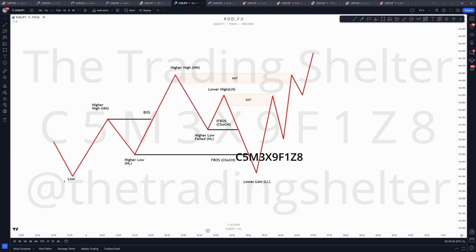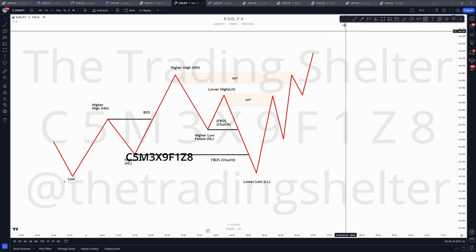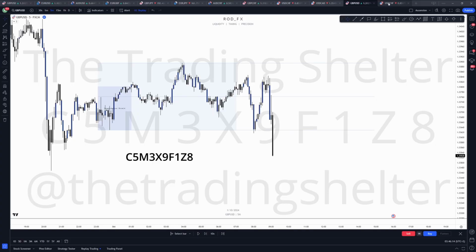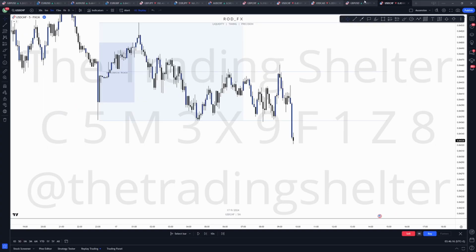I want you guys to actually see this pattern and look at it in some of the charts, and you will start understanding some of the difference between the IFBOS and the FBOS. So let's look at some patterns. See some candles, some charts. Both of them here look similar.